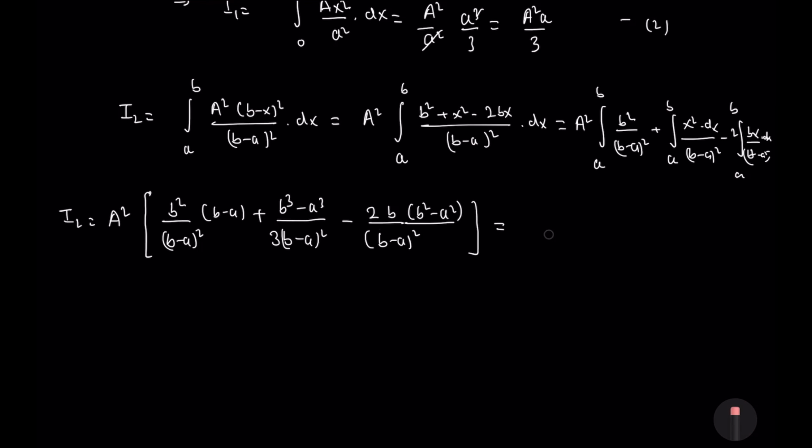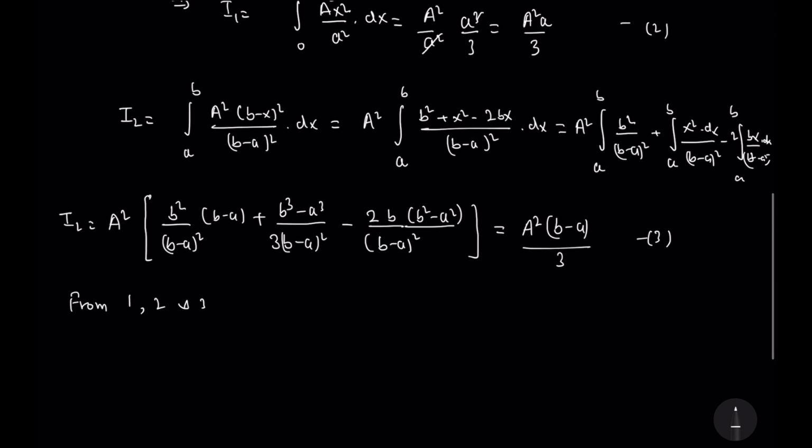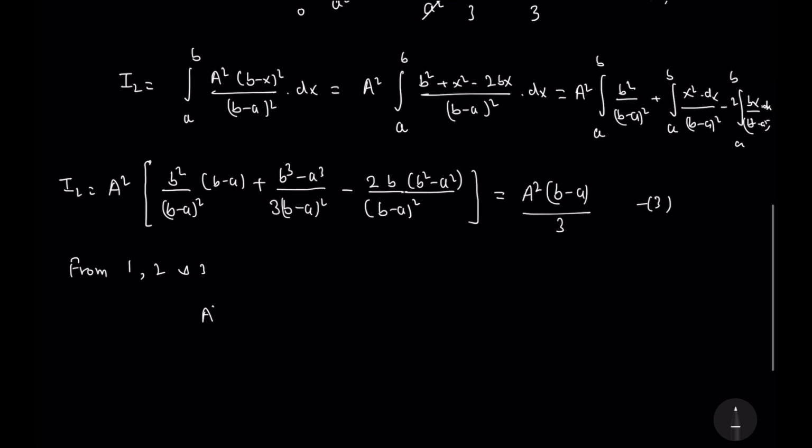What this whole thing comes out to be is a squared times (b minus a) upon 3. Let me call it equation number 3. From equations 1, 2, and 3, it would be a squared times a upon 3 plus a squared times (b minus a) upon 3, which equals 1.